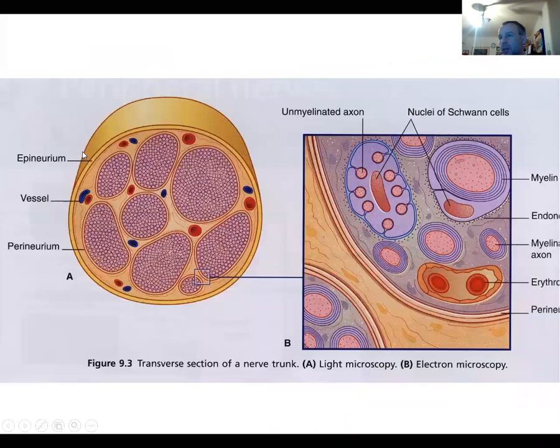So here, again on the section, you can see the epineurium surrounding the nerve, the perineurium surrounding the fascicles and filling the spaces in between the fascicles, and endoneurium, and the endoneurium covers the nerve fibers themselves. And of course, the nerve fiber is covered usually by sheaths, either myelin sheath or sheaths of the Schwann cells.